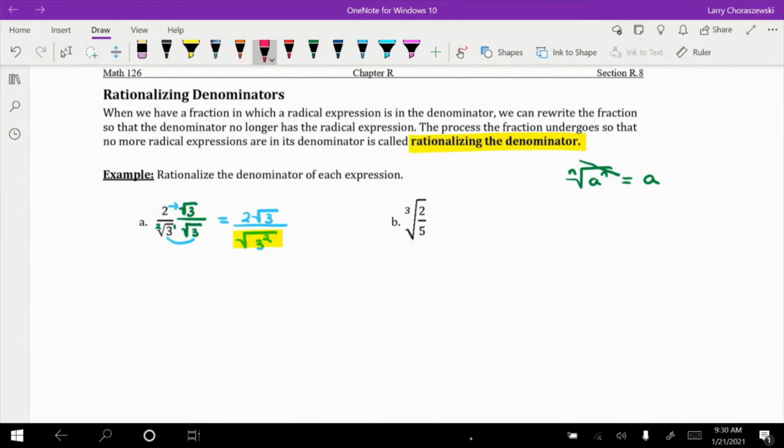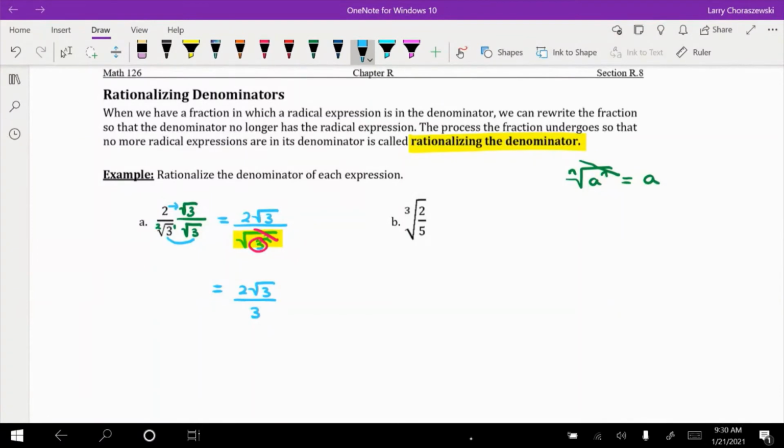Yeah, they're going to cancel, and we're left over with 3. So once the dust settles, we have 2 square root of 3 on top, which is perfectly fine. And on the bottom, the square root goes away, as well as the power of 2, and 3 is left over. And voila, there are no radicals in the denominator anymore, and this would be finished.